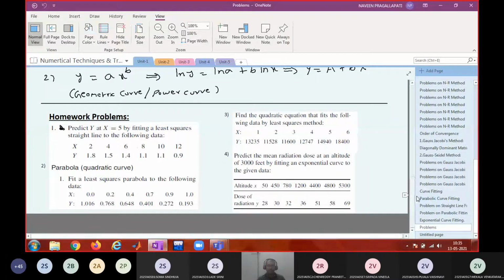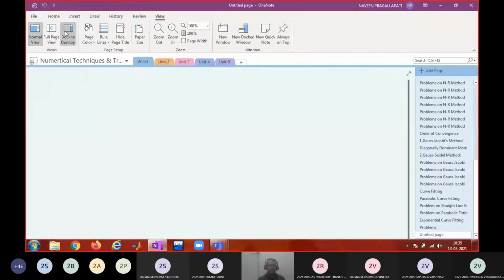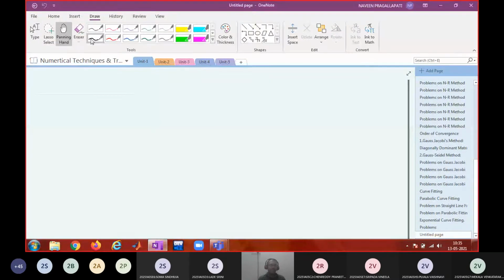Okay. So, what are the normal equations for a straight line fit?